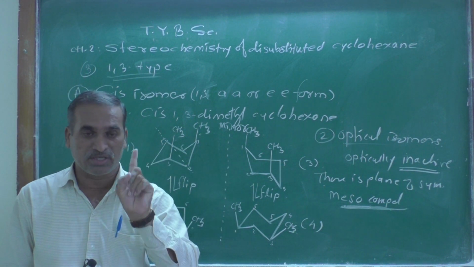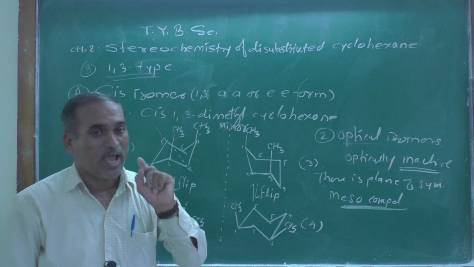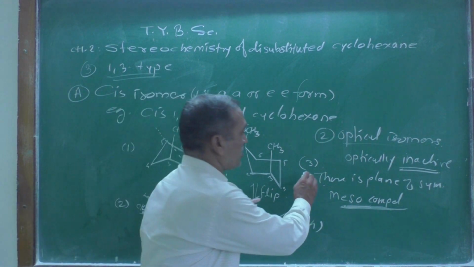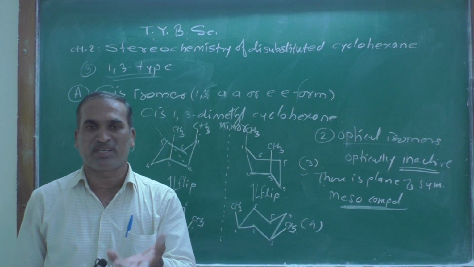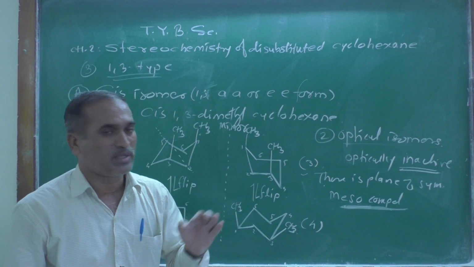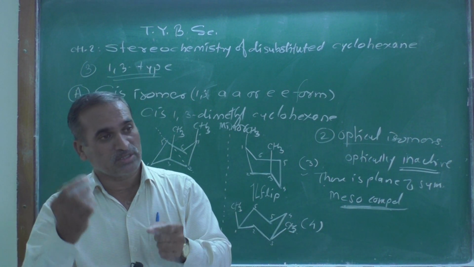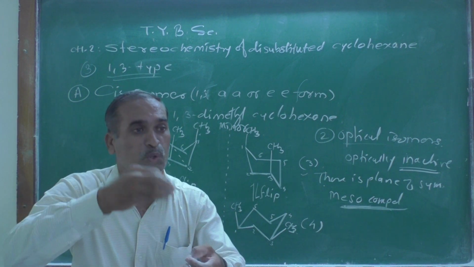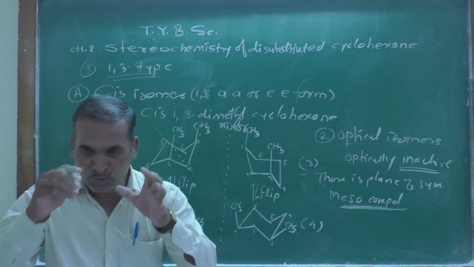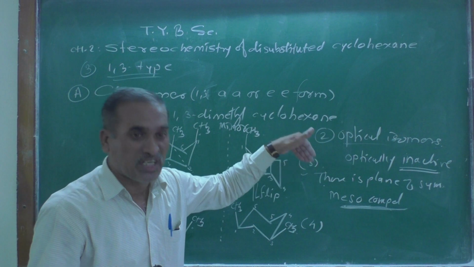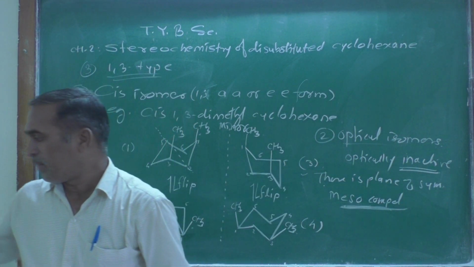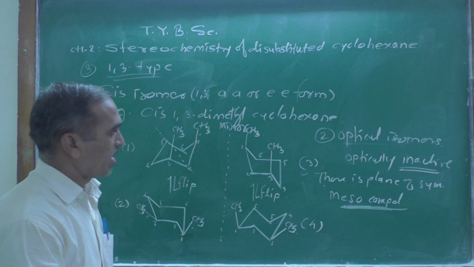Only one structure is sufficient. You draw one and then mention there is a plane of symmetry, and therefore it is optically inactive in nature. Because the question already included the answer, you need to state the reason there. That's it. This is all about the optical activity.